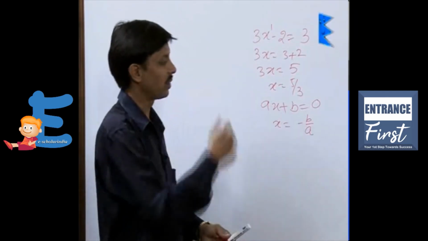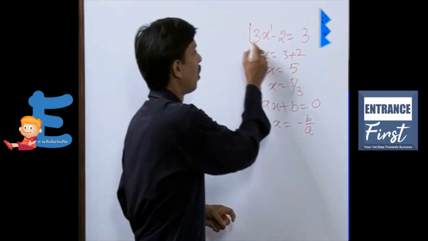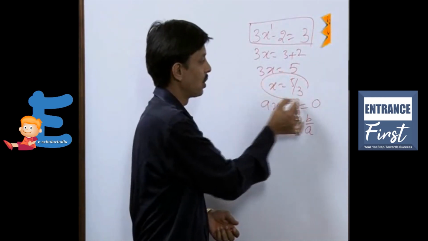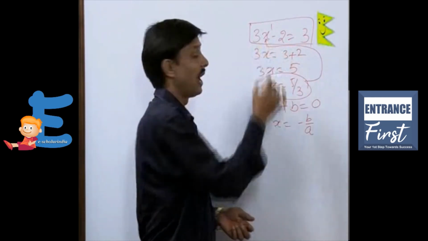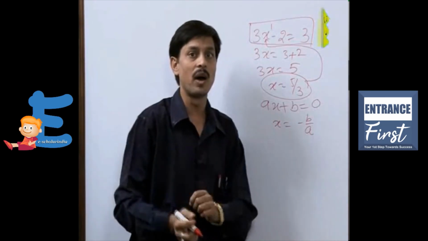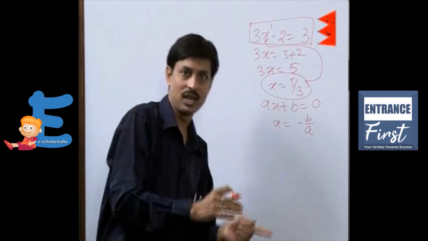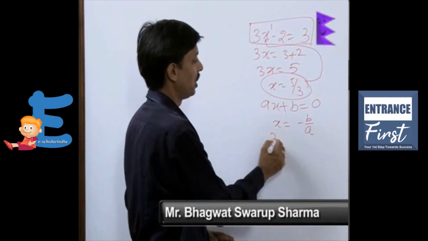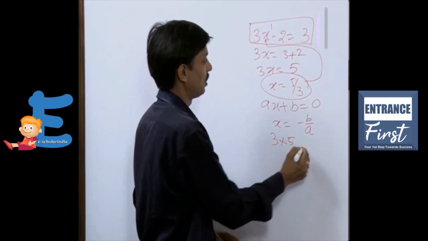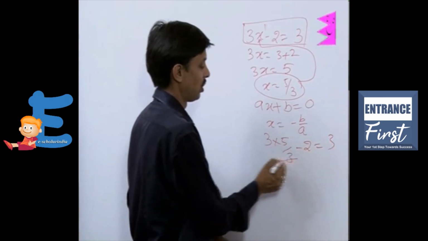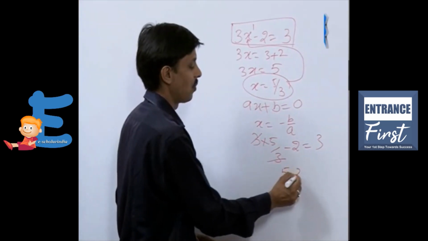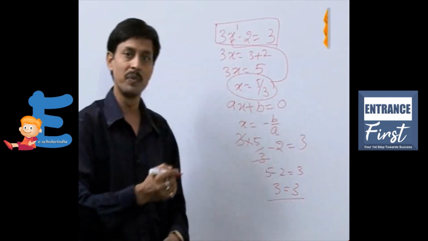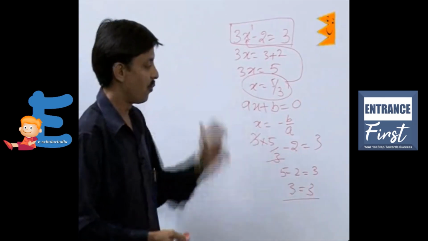In the original equation we put x equals 5 by 3, and we find the values of LHS and RHS are the same. 3 into 5 by 3 minus 2 is 5 minus 2, which is 3, so 3 equals 3. This is also verified.